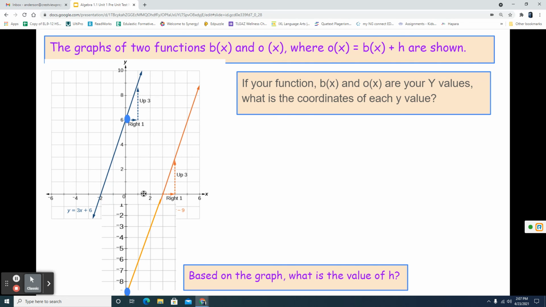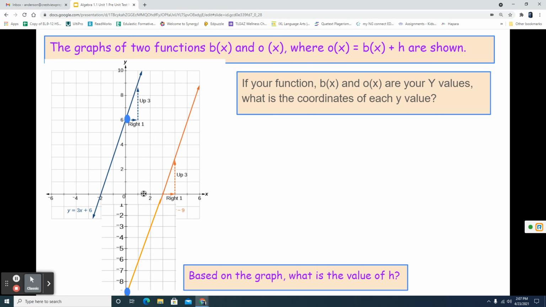How about this one? The graph of two functions b of x, b for blue, and o of x, o for orange, where our o of x equals b of x plus h, are shown. Based on this graph, what is the value of h?